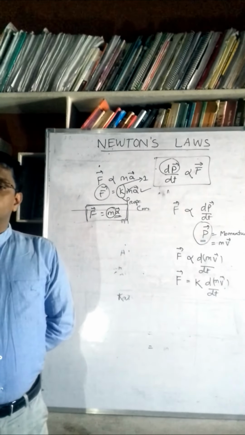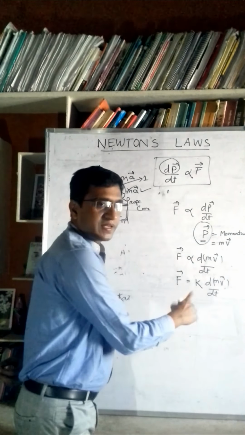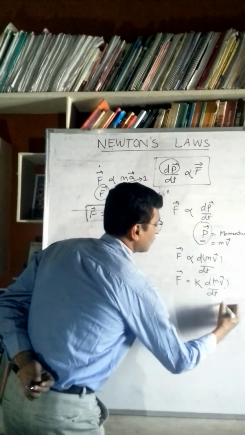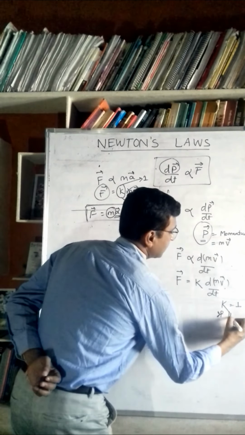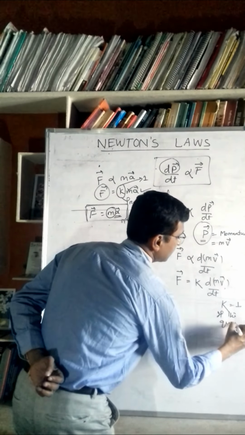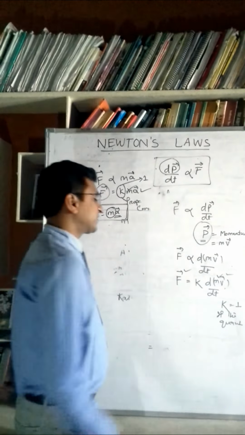The units of the quantities are so chosen that the value of k is 1, that is, when m, v, F are all taken in SI units.